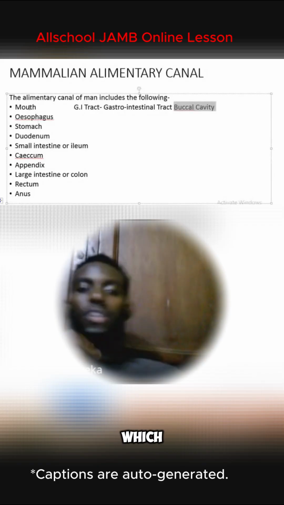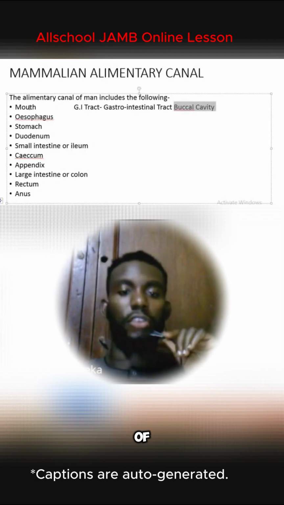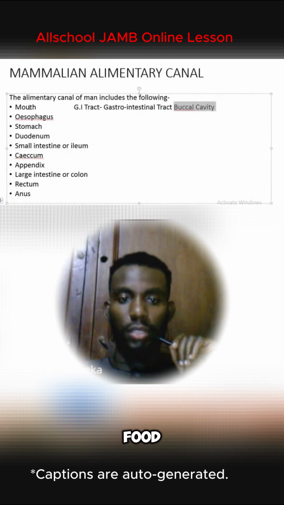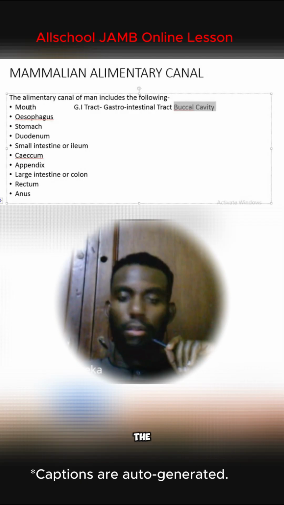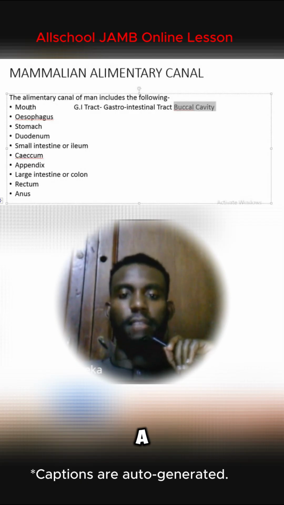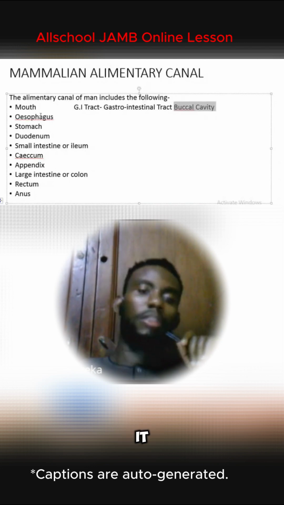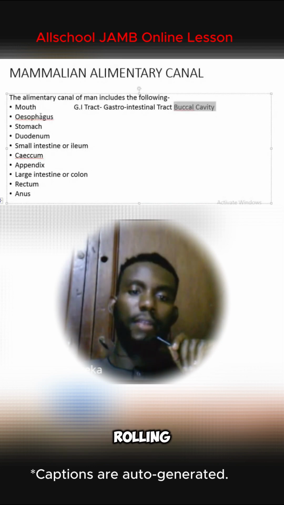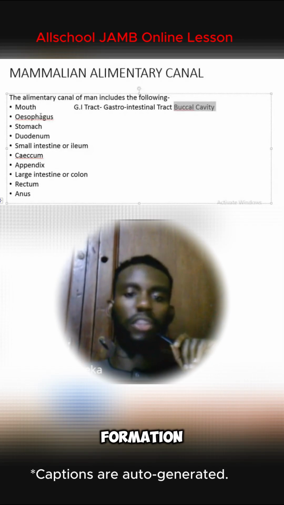You already know the function of the teeth in the mouth: cutting, grinding, or chewing food. And then the tongue plays the function of rolling food and mixing it up with the salivary gland secretions. That's what I mean when I say it plays the function of emulsification of food.